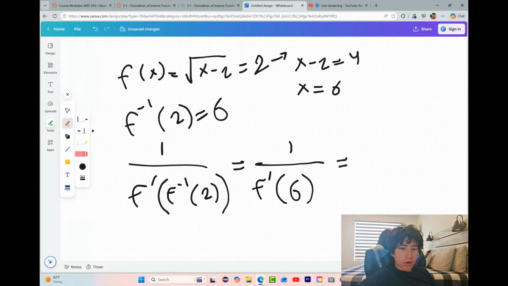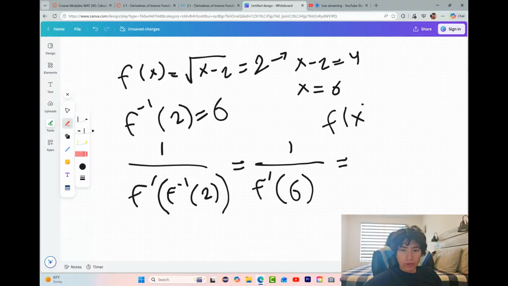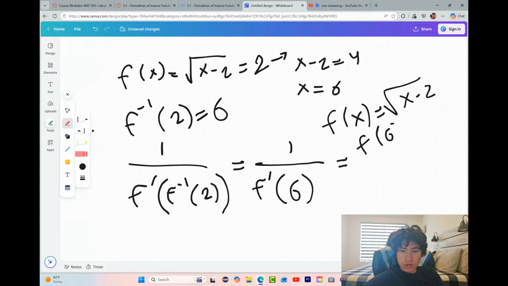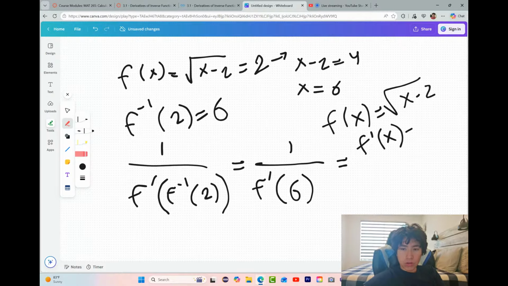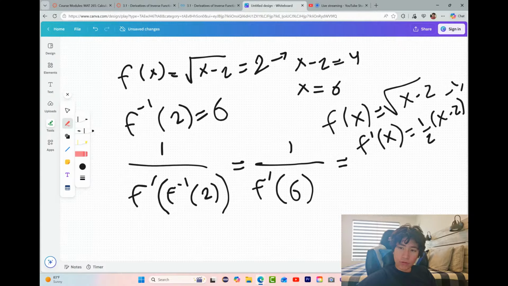I was tempted to just get the derivative of 6, but no, that's obviously stupid. So we go back to our original function, f of x equals square root of x minus 2. f prime of x equals 1 half times (x minus 2) to the power of negative 1 half.